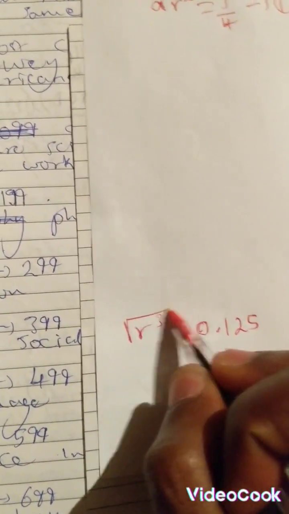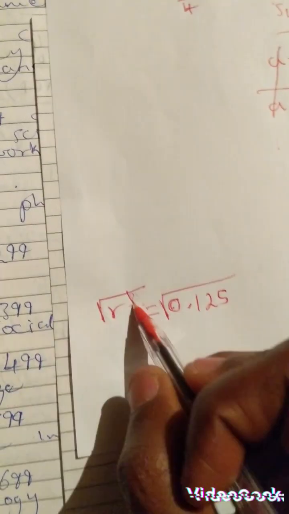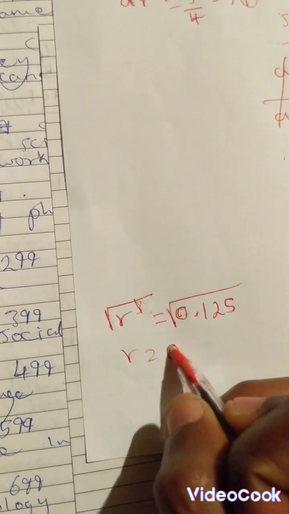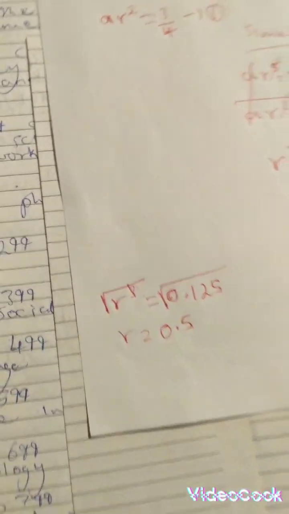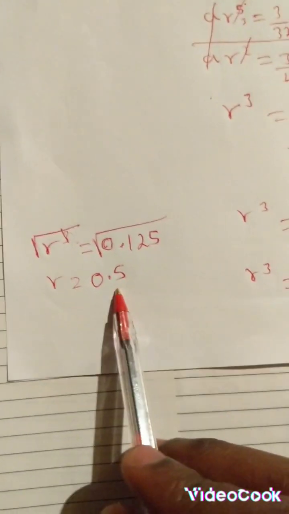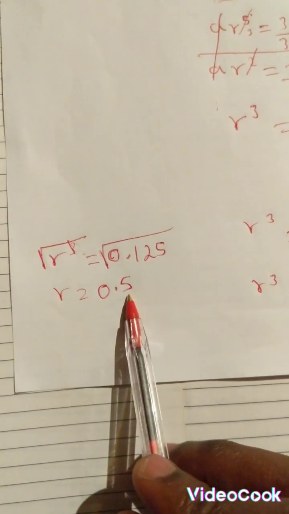Then when you introduce your cube root on both sides, we cancel the cube. So we're going to say r is equal to 0.5, because the number that we multiply 3 times to give us 125 is 5. Now you know that your r here is 0.5.